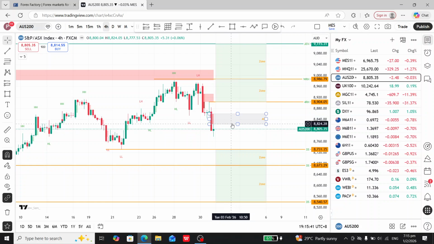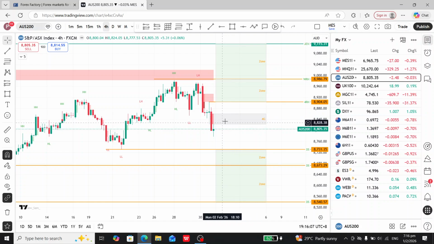Now need to monitor how this gap reacts on Monday or Tuesday, because Tuesday we have the Aussie cash rate news. This zone is important because the market can go directly to the daily swing and break this zone, or react and go back to this 4-hour gap then come down. So there are a few options.